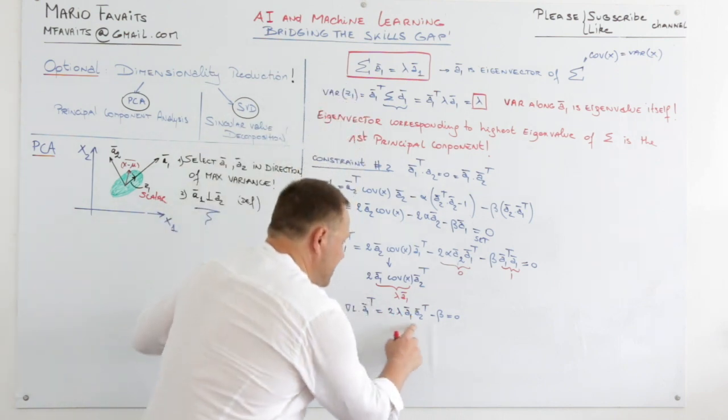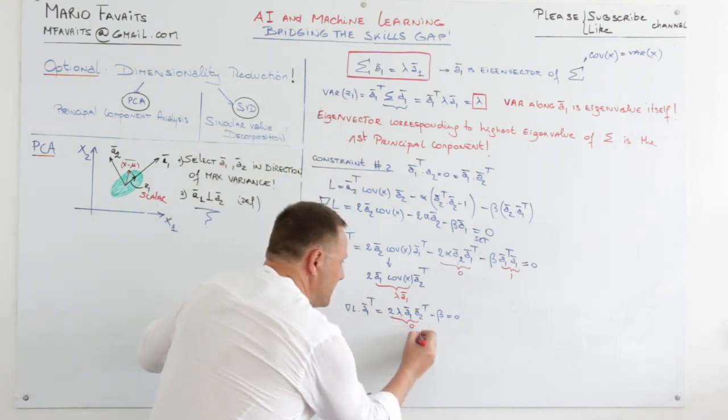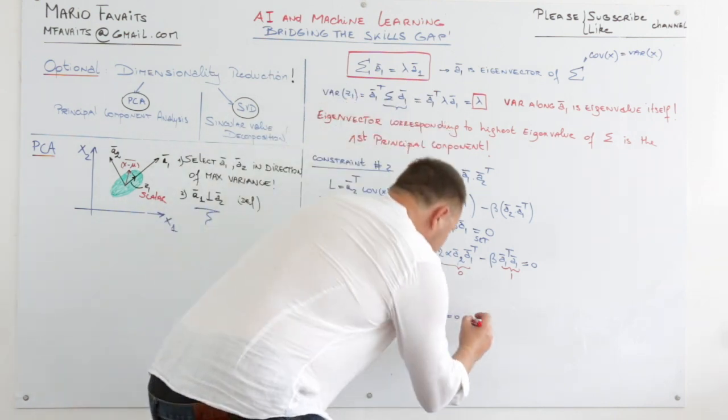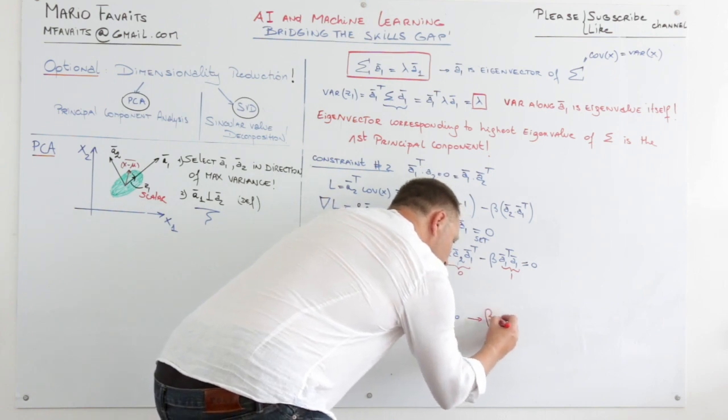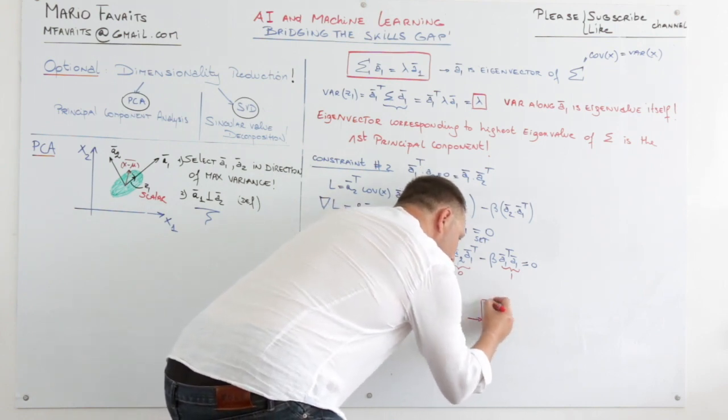Now here you see this is already 0. So that means that beta must be 0.